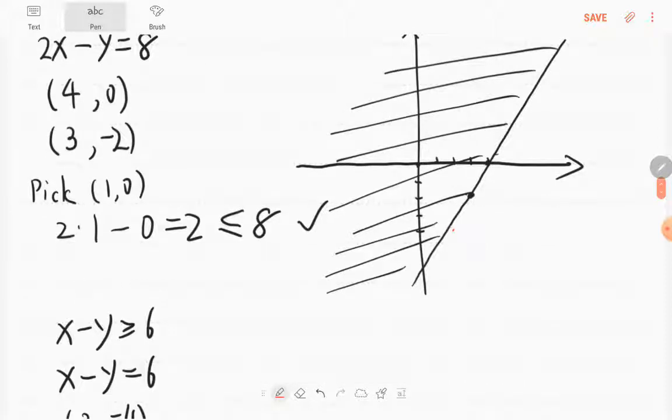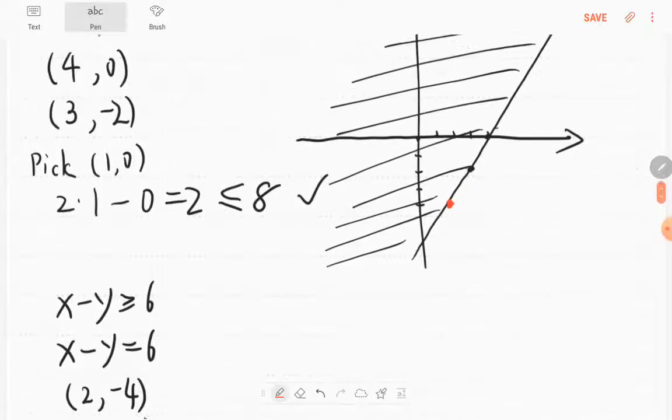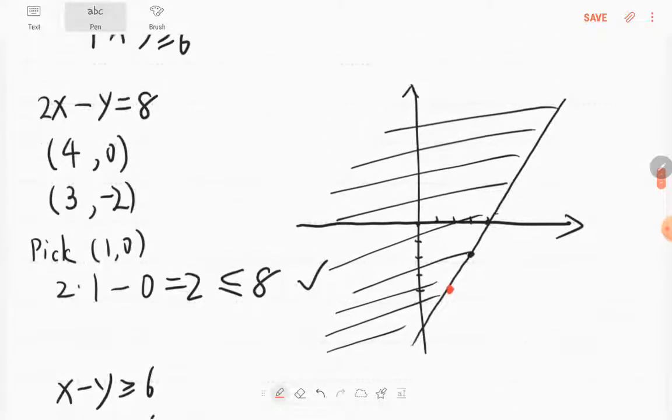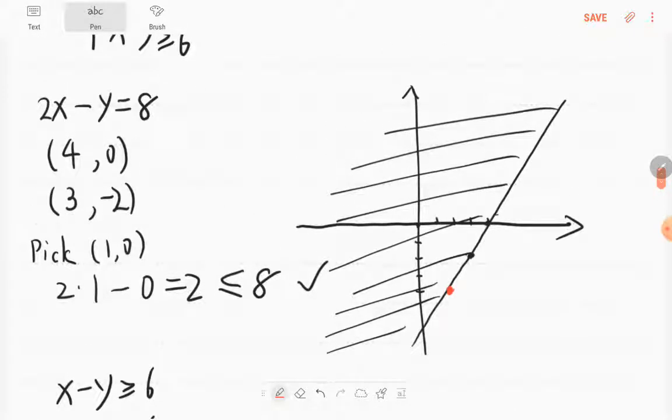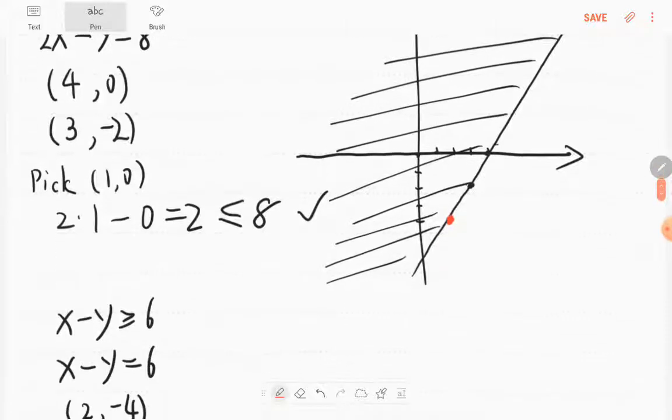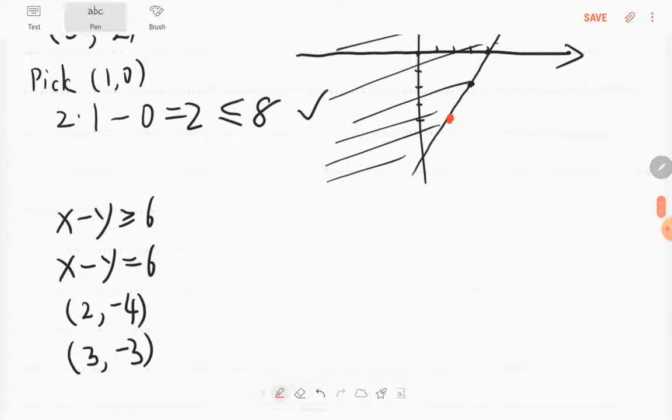If you draw the graph precisely, it should be on the graph. If you plug this point (2, negative 4) into the first equation 2x minus y, it's 4 minus negative 4, which is 8. So this point should be on the graph, and it is one point on the line.